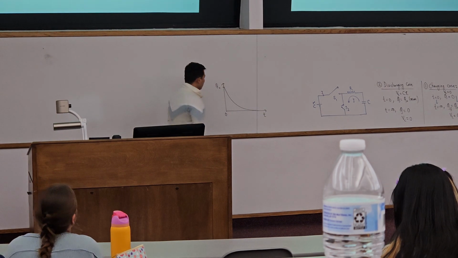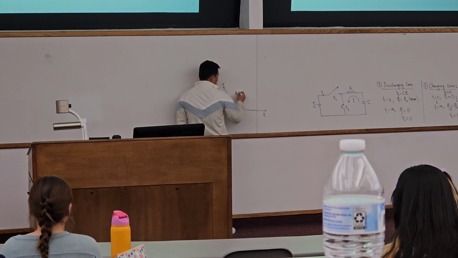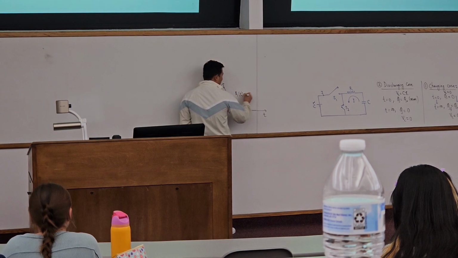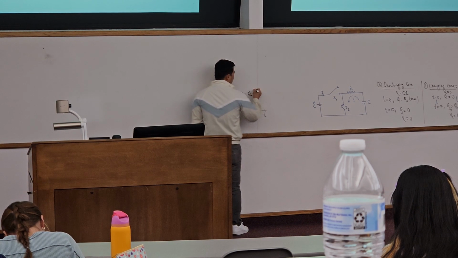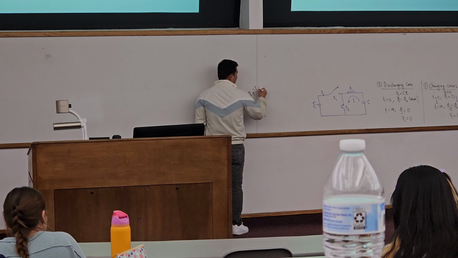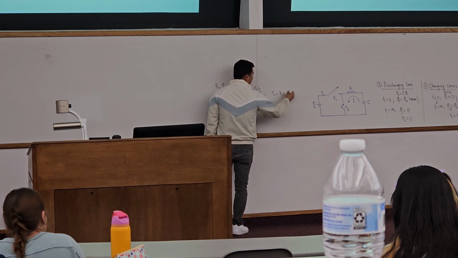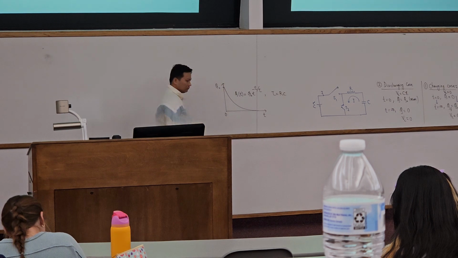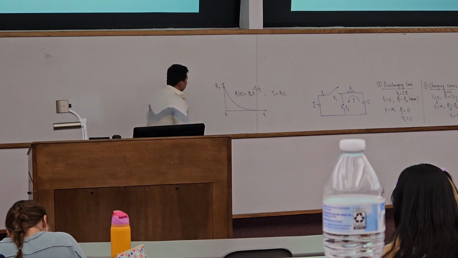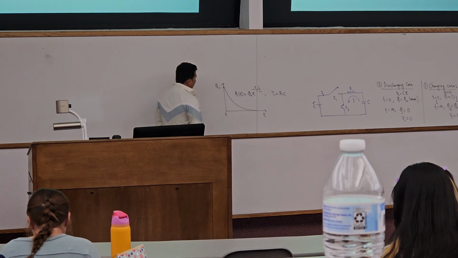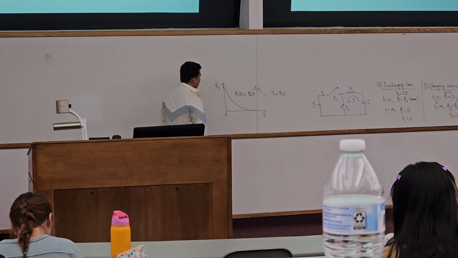So Q, as a function of time, can be expressed as Q0 e power minus t over tau. Tau is the time constant, given by RC. This is the behavior of charge as a function of time for the discharging case of an RC circuit.